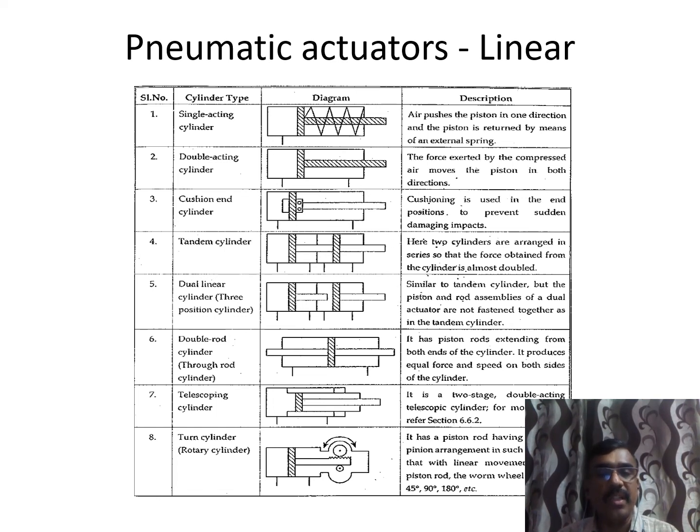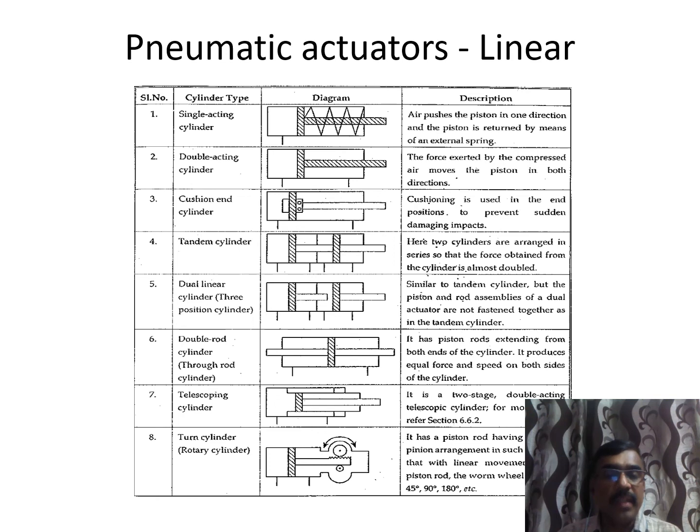Double rod cylinder means that on both sides the mechanical work is to be carried out. Telescoping means further extension, like tandem cylinders. One cylinder is kept inside the other cylinder, and it will be extended further.